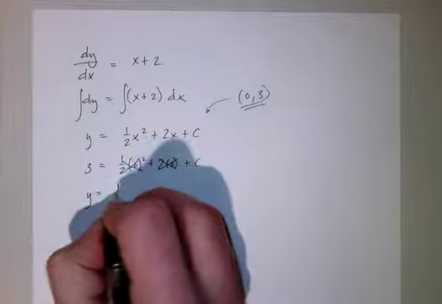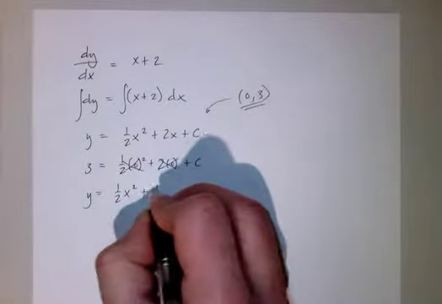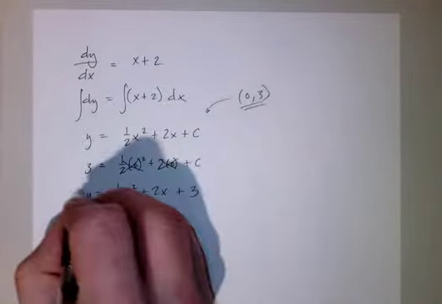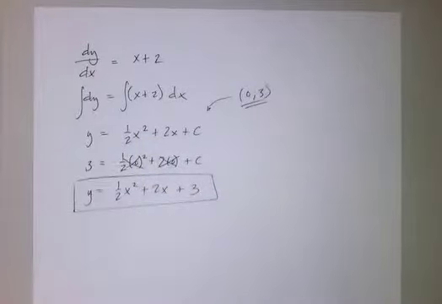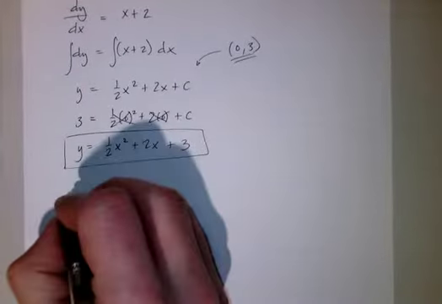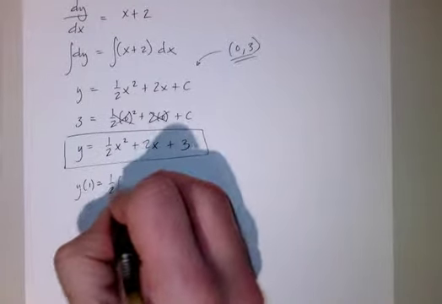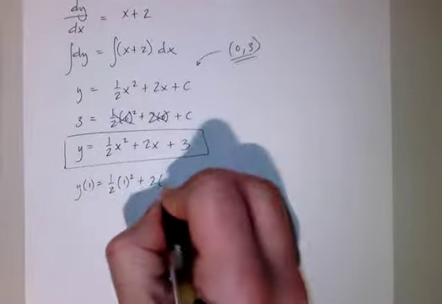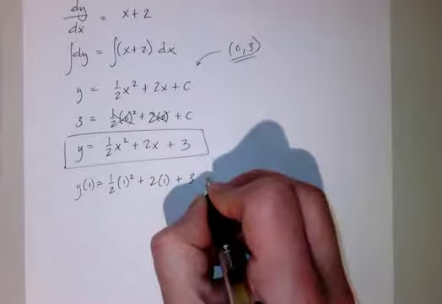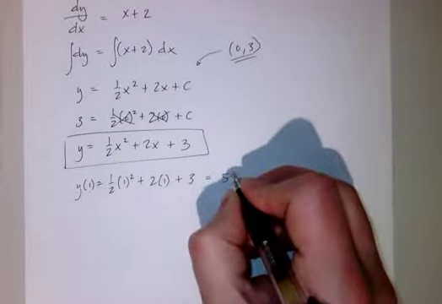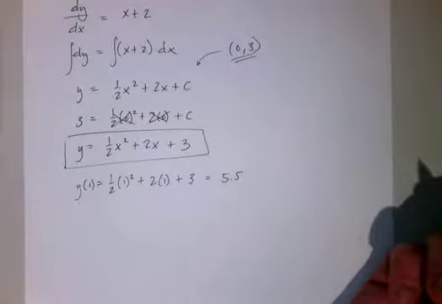So my actual quadratic is that. Well, the question then becomes, what is y1? Well, y1 is 1/2 times 1 squared plus 2 times 1 plus 3, and of course that winds up being 5.5.